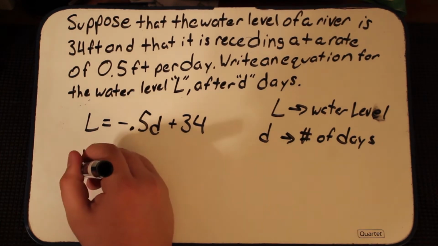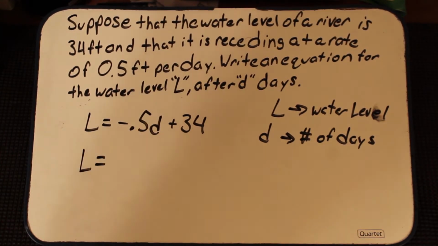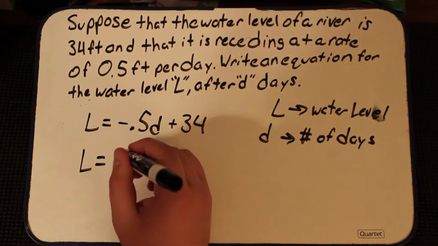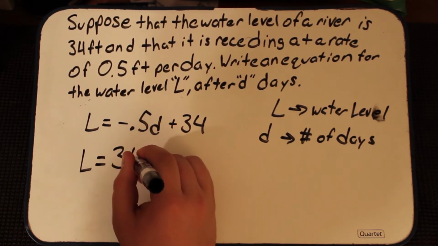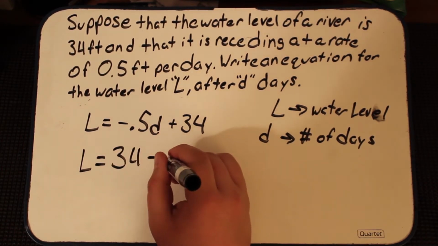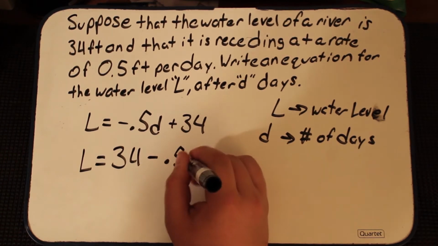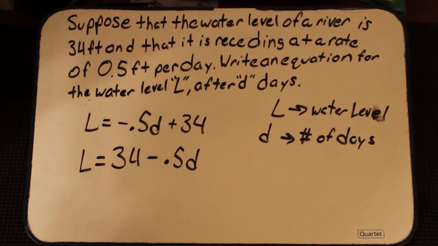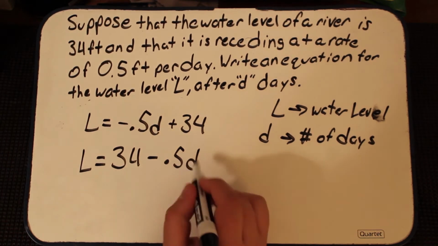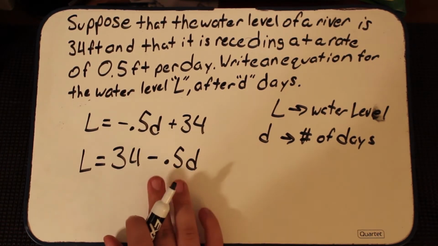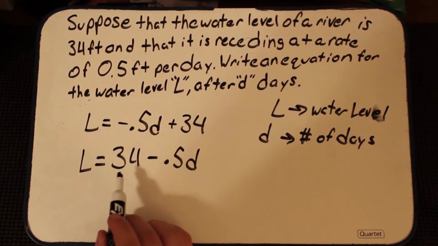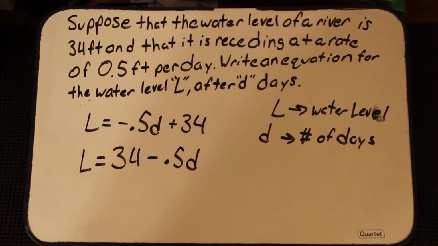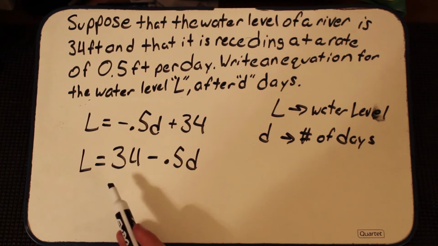So the level that we're looking at, given a number of days, is going to be equal to our initial level, which is 34, minus 0.5 times d. Because we're taking away a number of feet per the number of days. We're taking away level from the 34. The level's not going to go up. It's going to go back down. So it would be 34 minus 0.5 d.